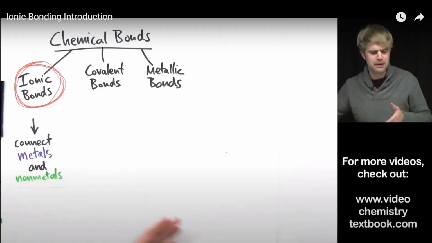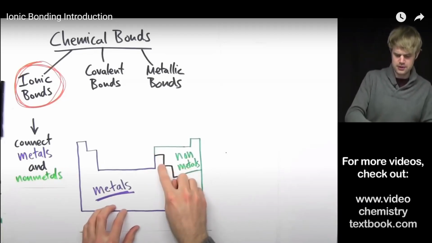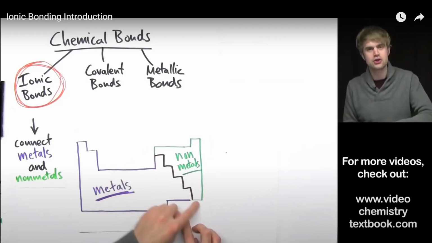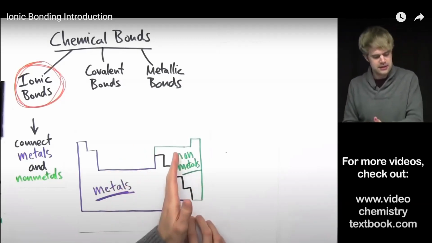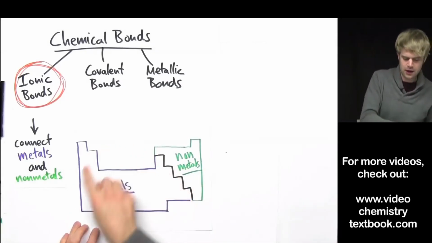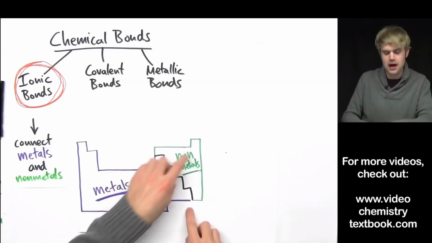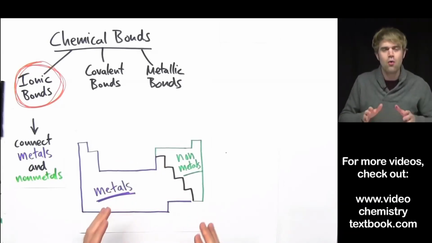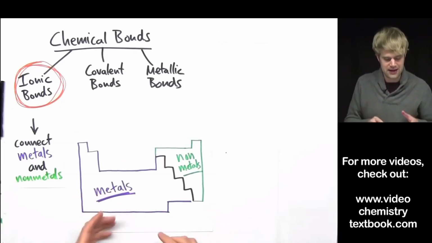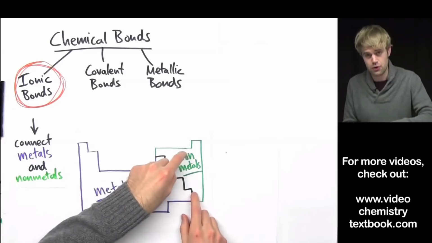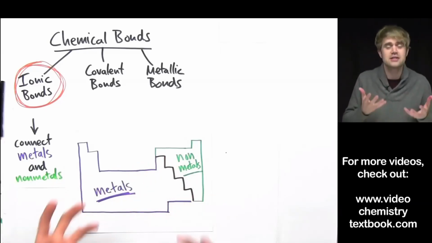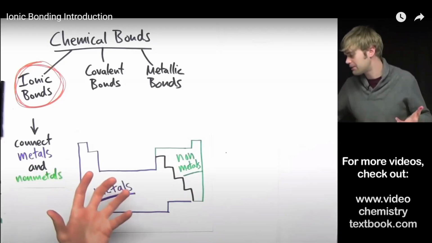Okay, so if you look at a periodic table, there's this big, thick staircase over on this side. This staircase separates the metals, which are all the elements on this side, from the non-metals, which are most of the elements on this side. So whenever we have a chemical that has a metal connected to a non-metal, that's held together by ionic bonds.